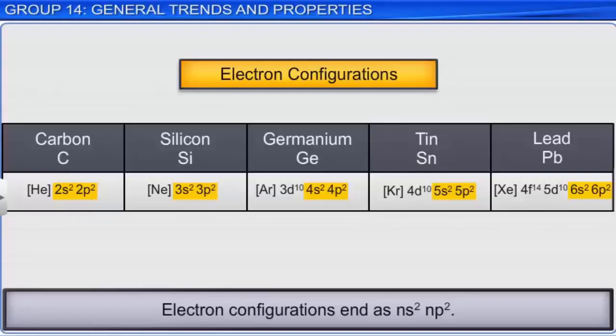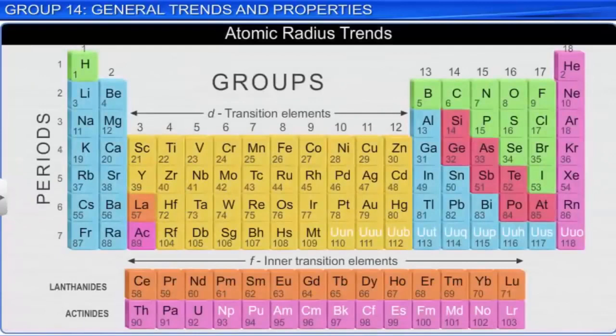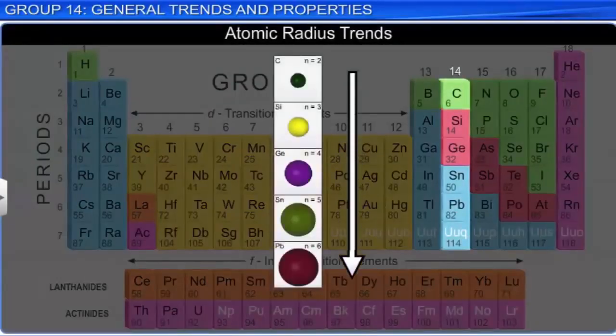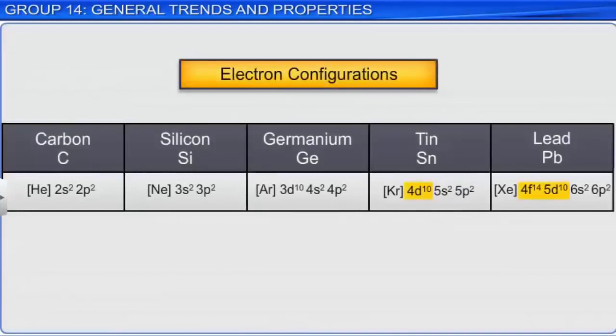In general, atomic radii increase down a column, and this pattern is observed for the group 14 elements too. The increase is substantial from carbon to silicon, but it is less pronounced from silicon down to lead. The slower increase from silicon to lead is a result of the completely filled d and f sublevels in the heavier family members.